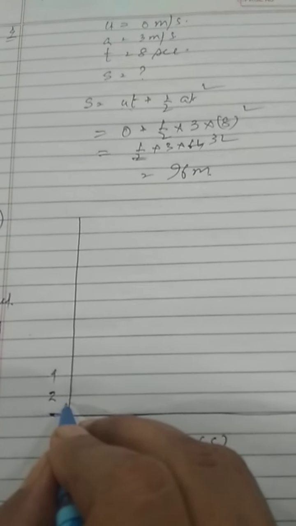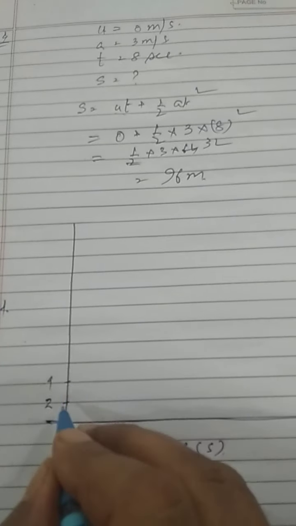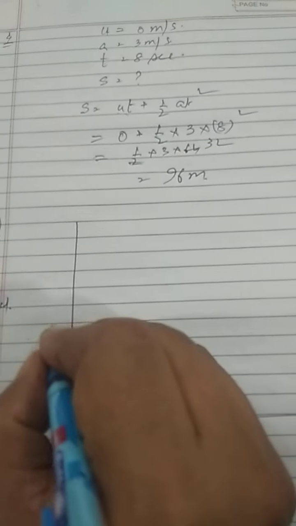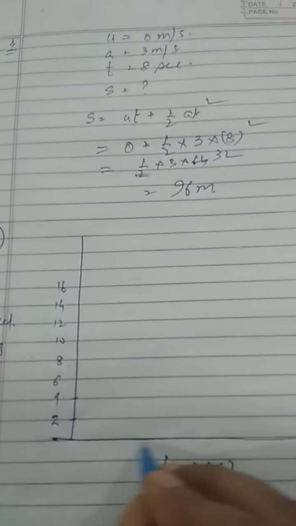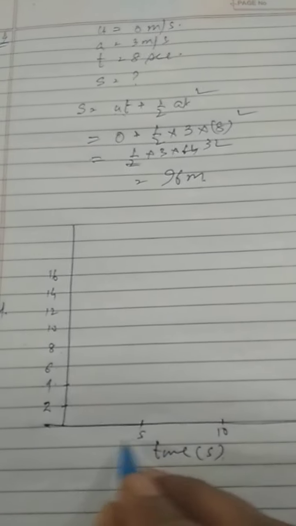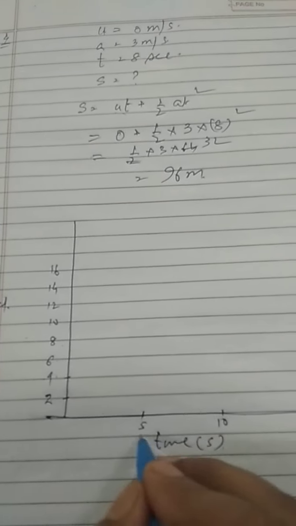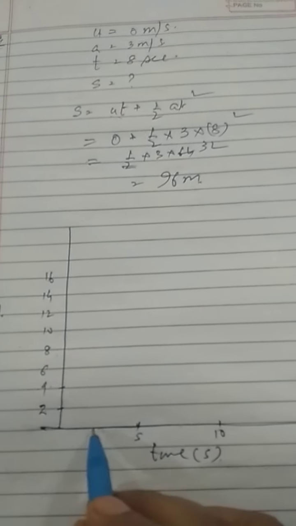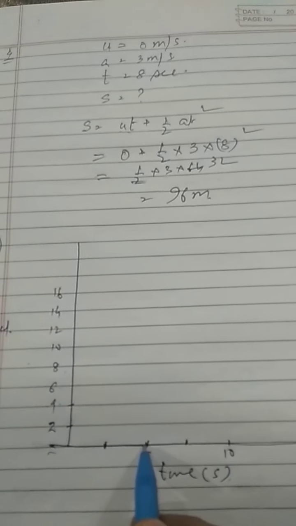One big square is equal to 2 meter per second. So this is 2, 4, 6, 8, 10, 12, 14, 16 meter per second, and for time, say, 2 big squares is equal to 5 seconds. In this way, this is 5 seconds after 2 big squares, and then 10 seconds.